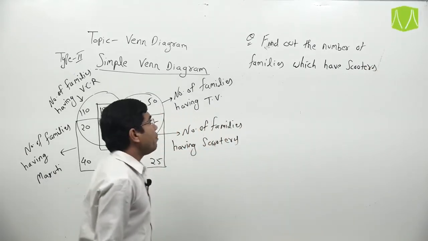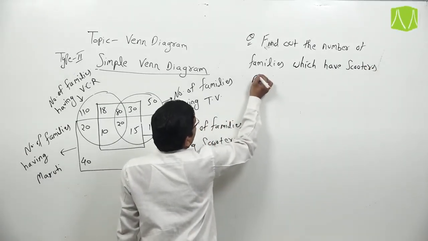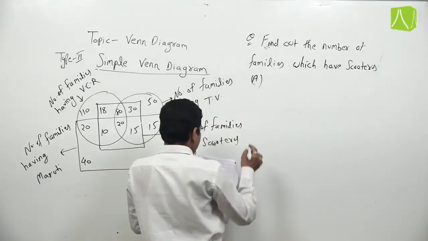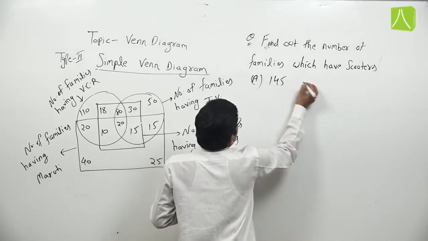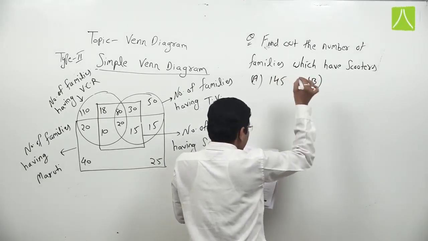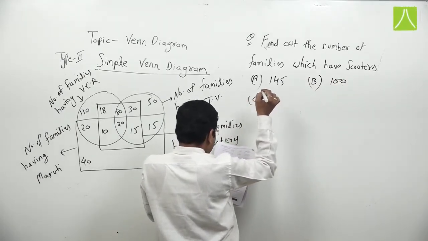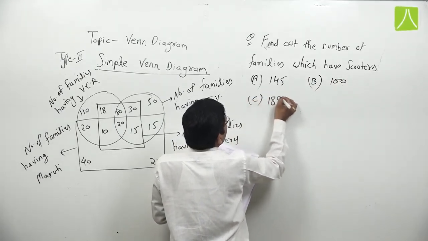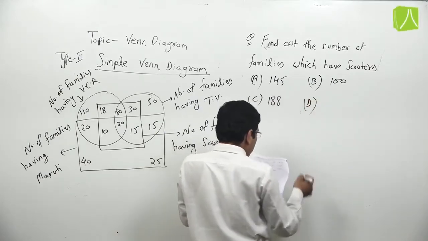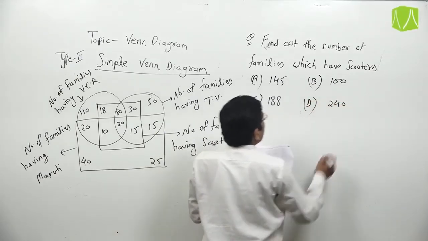Find out the number of families which have scooters. Our options are, first option is 145, second option is 100, third option is 188, and fourth option is 240.